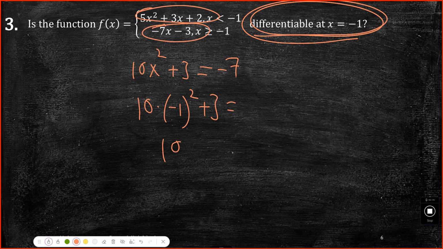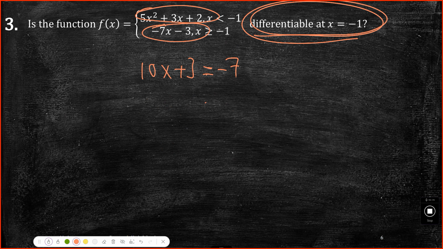So that one's negative 7. The derivative of that is just negative 7. So this one here, it'll be 10x. No, it's just 10x. So this on the left side is 10x plus 3. And now when we plug it in, on the right side is negative 7, and now plug in x is negative 1, that would be negative 10 plus 3, then that's going to be negative 7 equal negative 7, which is true.